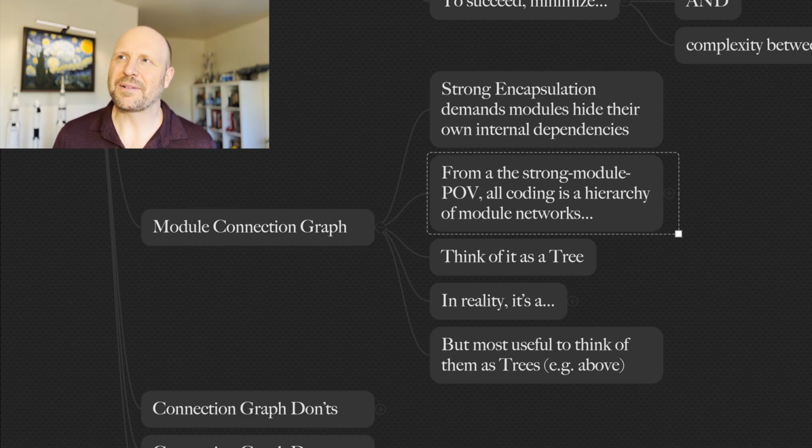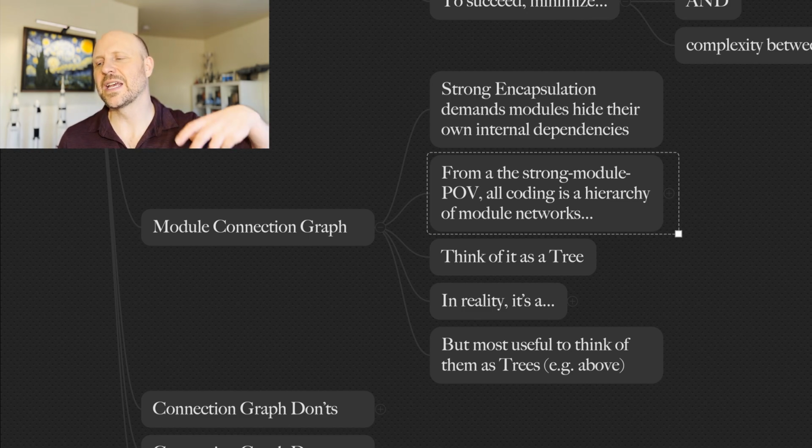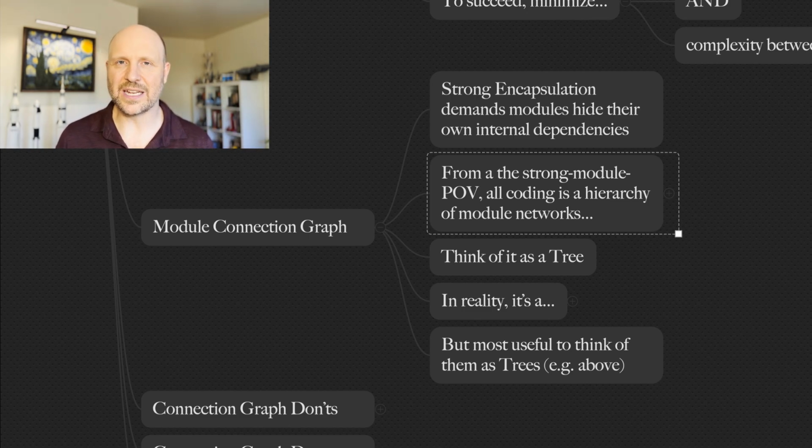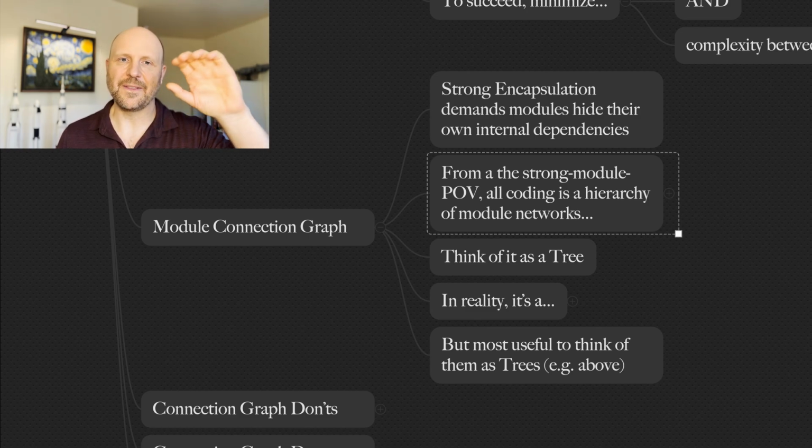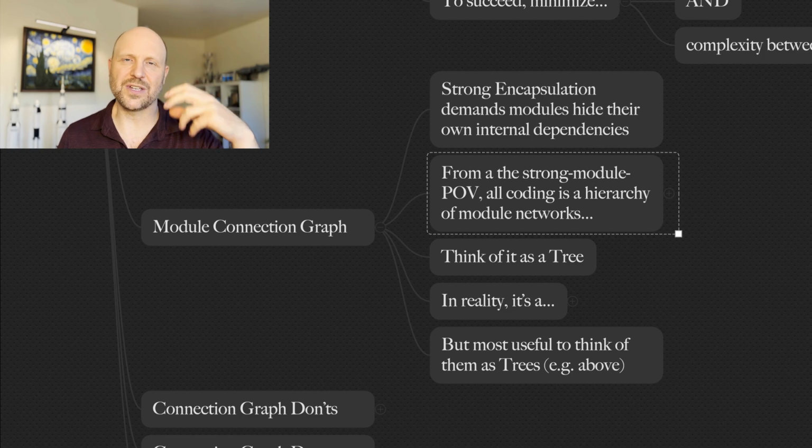And from what I'm going to call the strong module point of view, all of coding is actually within a modular hierarchy. Everything we do, because even when you're just writing a single expression, 1 + 2 × 5, that plus is itself a module that you're using. And then you might have multiple statements or expressions together. That becomes a bigger module within maybe a function.